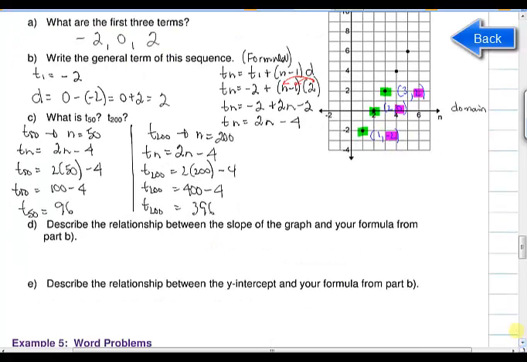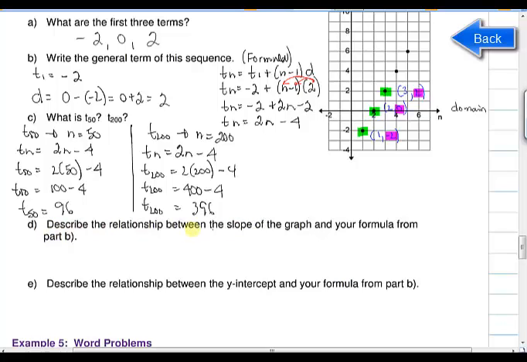So the last two parts of this question ask you to compare the slope of your graph with your formula and the y-intercept of your graph with your formula. So let's start with finding the slope, because we need to compare that to our formula.